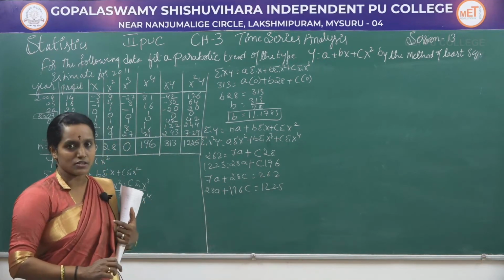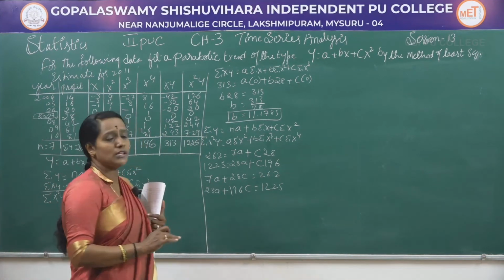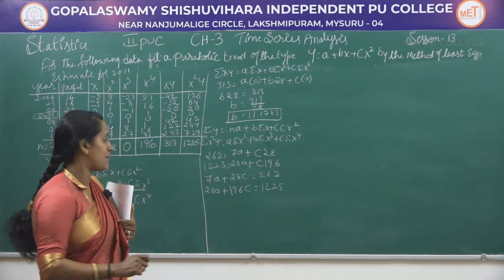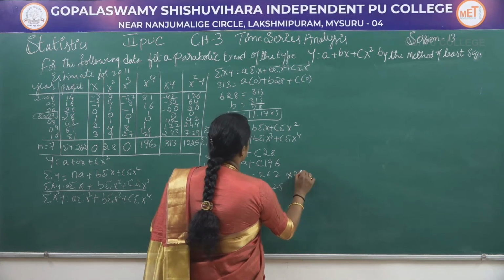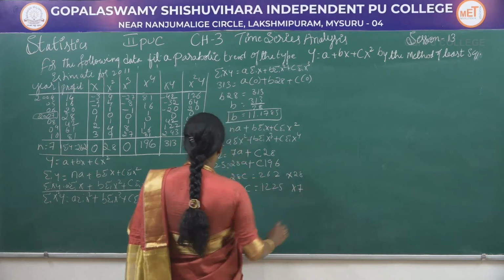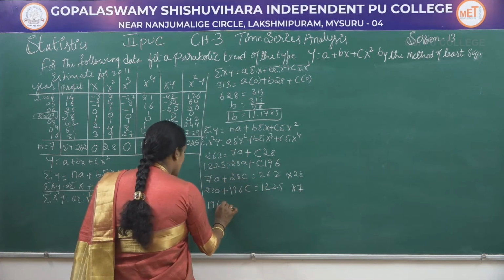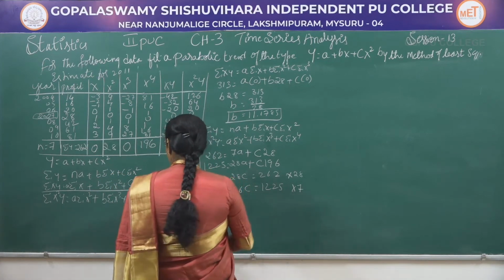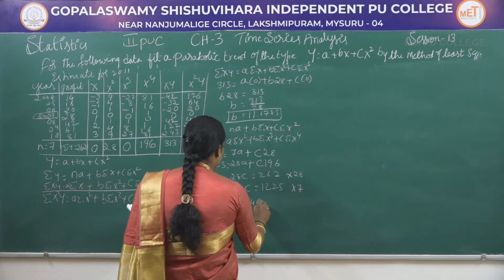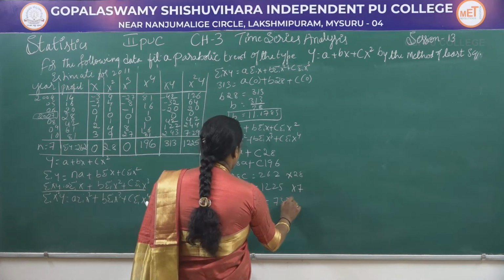Make this simultaneous, solve these two equations simultaneously. So I'll multiply this by 28 and this by 7. So it is 196a plus 784c is equal to 7336.